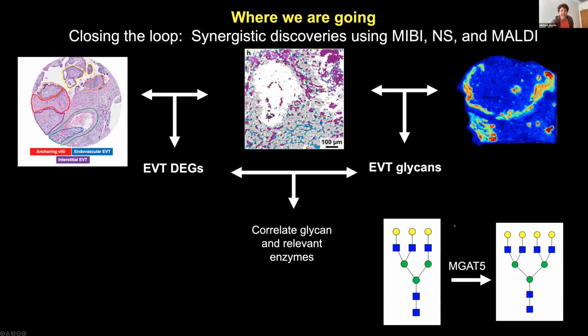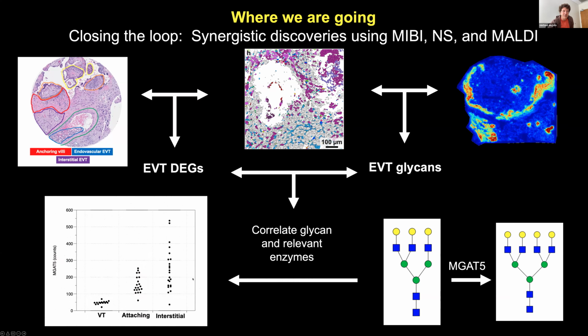So by seeing this, we've now gone back and looked again at EVTs within each one of these spatial compartments in the NanoString data to get insights into what these enzymes are doing. We used this as a test case, and we can see progressive increases in MGAT5 expression as we go from attaching villi to these invading interstitial ones.